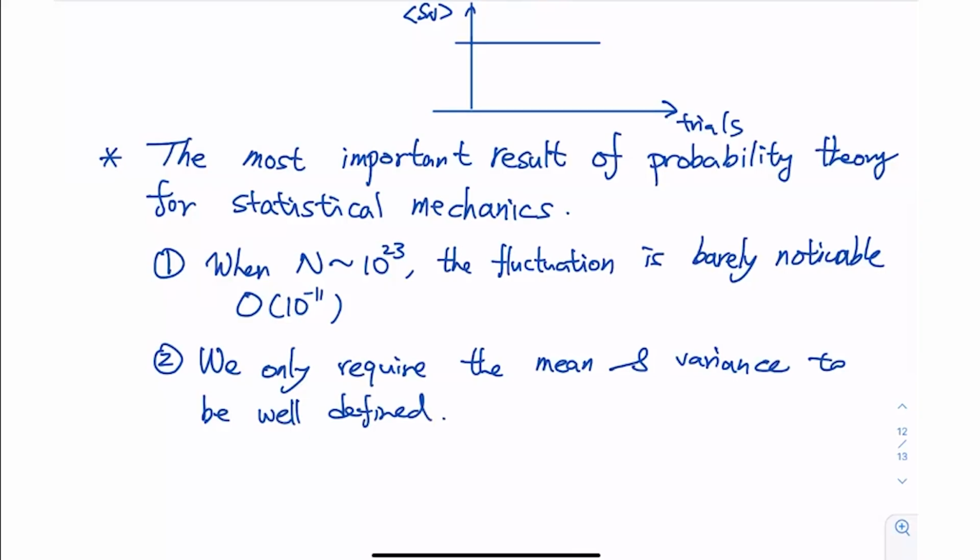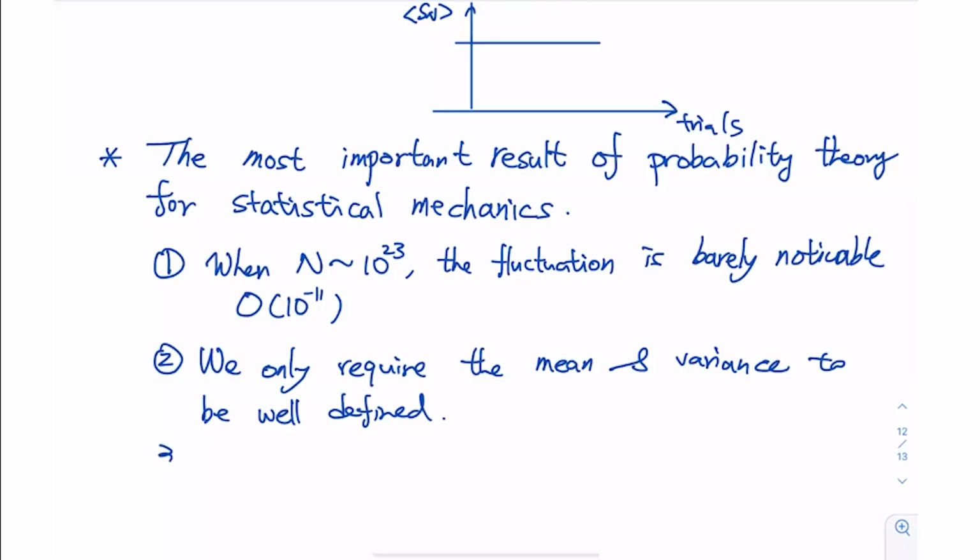Okay, but that's a very general assumption that we made, and most of the time, this assumption is a good assumption. So that's why statistical mechanics is really powerful, because it captures a lot of the situations where the probability distribution of a physical variable has a well-defined mean and well-defined variance. Okay.